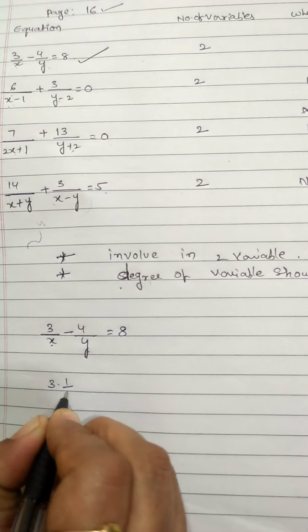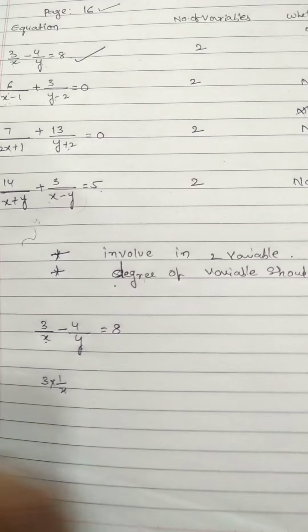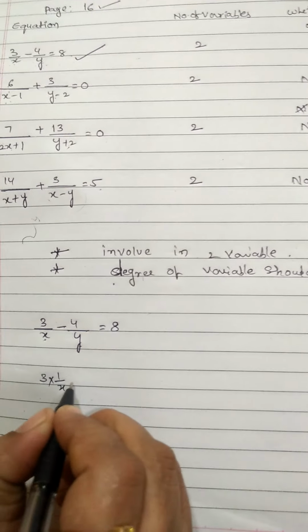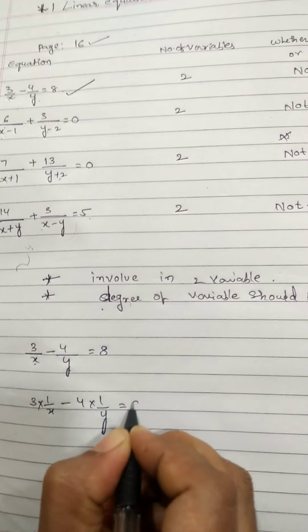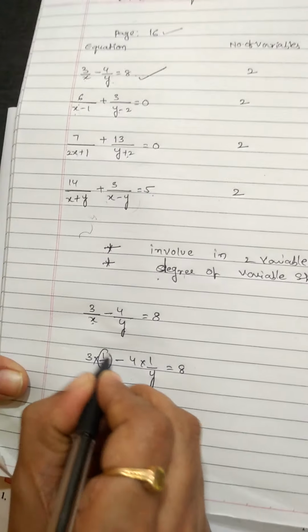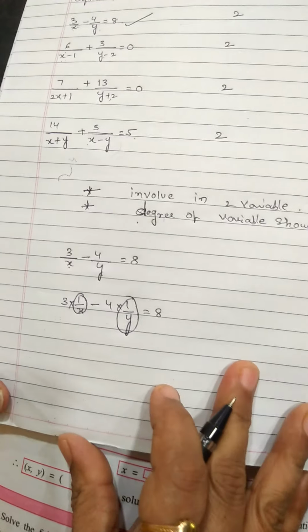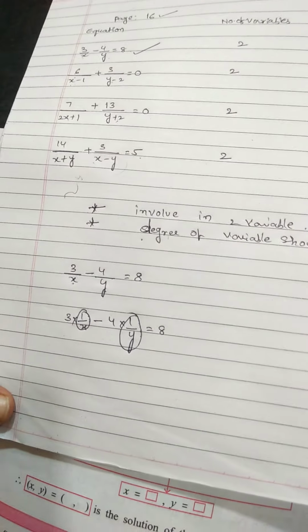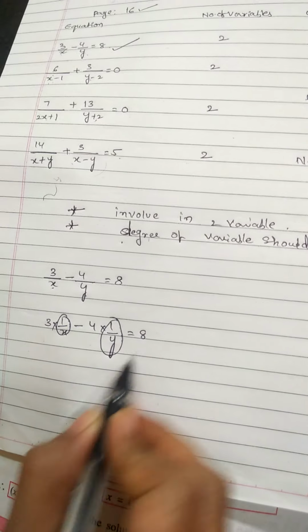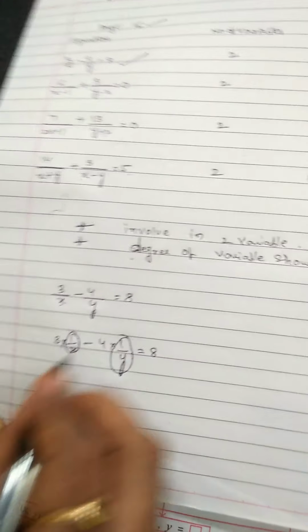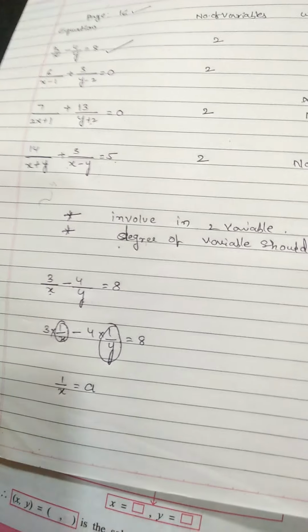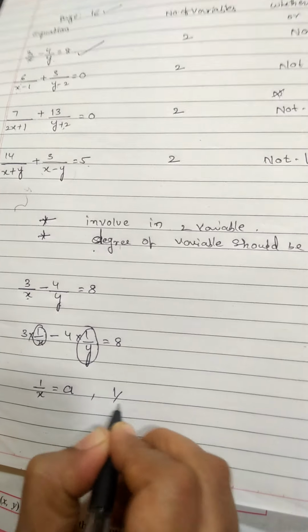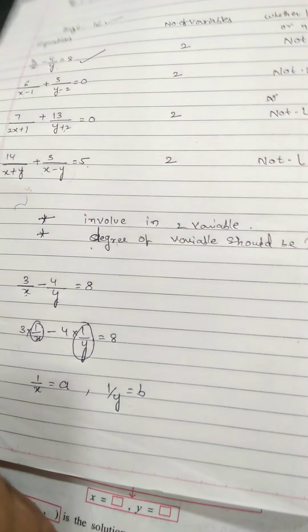Can we write this equation in another form? Yes, we can write it as 3 into 1 upon x minus 4 into 1 upon y is equal to 8. Instead of these terms, we can substitute other variables and make this equation linear. So I write 1 upon x is equal to a, and 1 upon y is equal to b.